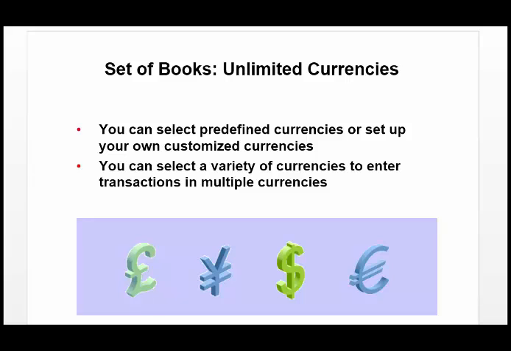They understand that you may be dealing with a supplier in China or in India, and you need to post transactions in different currencies. So there is what we call the default currency. In the US, the default currency is the dollar.